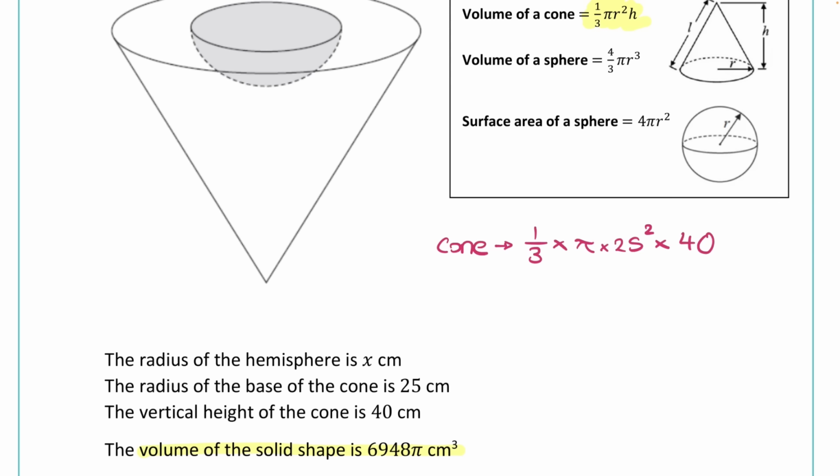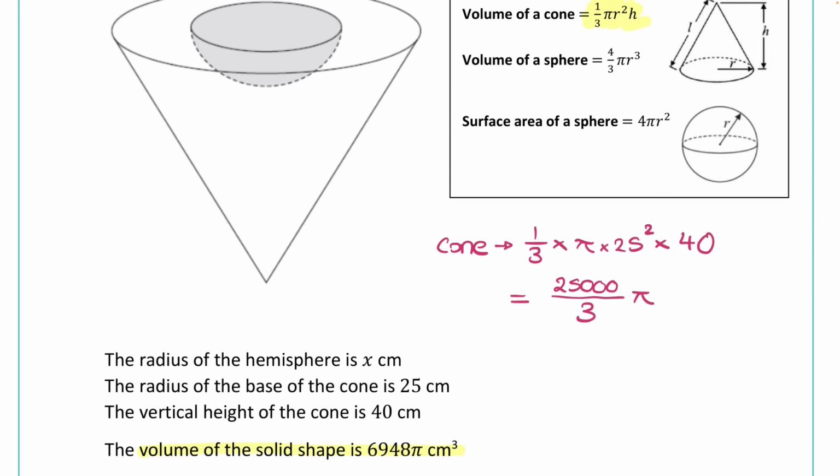It will depend how complex it looks as to which one I choose. So this one has come out as 25,000 over 3 pi, and that's the volume of the cone. That's completely up to you.